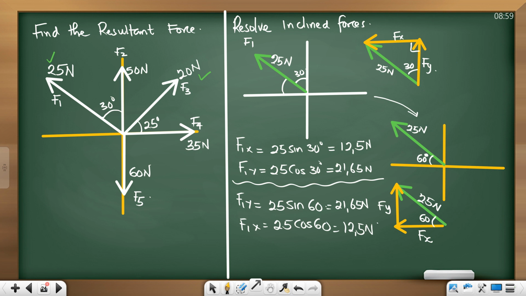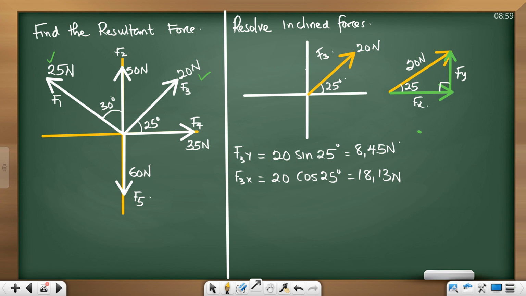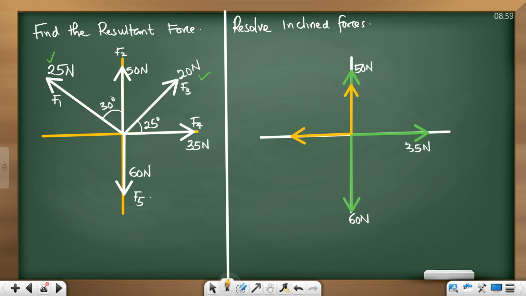The Y, 21,65 and 12,5 newtons. I want to ask a question here. Please only respond if this applies to you. Who is lost?